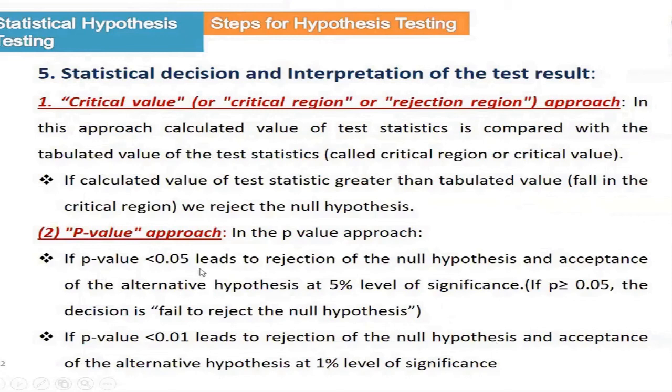If it is less than 0.05, we reject the null hypothesis at 5% level of significance. If it is less than 0.01, we reject the null hypothesis at 1% level of significance. So remember, less than 0.05, we reject the null hypothesis at 5%, and less than 0.01, that is less than 1%, we reject the null hypothesis at 1% level of significance.